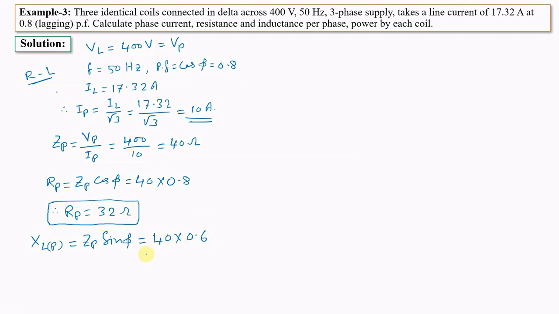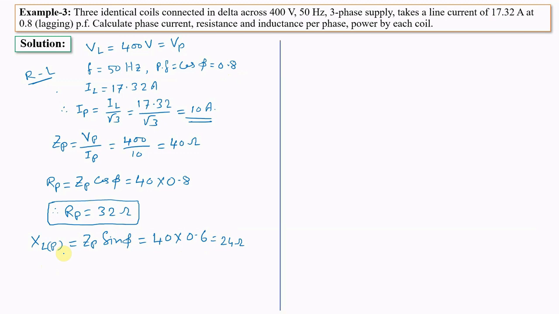So the value here will be 24 ohms. As the cos phi is 0.8, we can find the value of phi, that is cos inverse 0.8, and then the sin phi will give us 0.6.